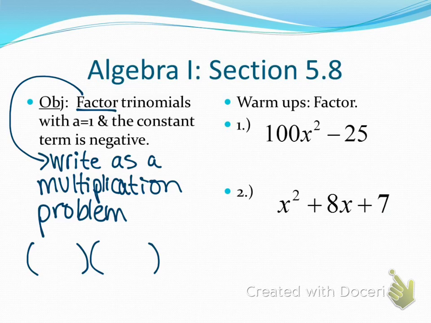All right, so for our warm-ups, we have two different factoring problems that we have seen before. The first one is the difference of two squares. It looks a little bit different because we have a binomial instead of a trinomial. But there's something special about the first term and the second term of this binomial that lets us factor it anyway.